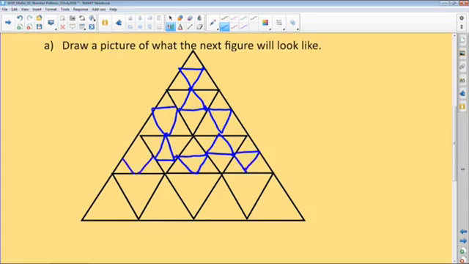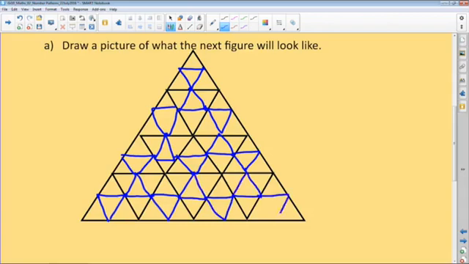You have obviously done this with a ruler, and yours probably looks a lot prettier than mine. And I encourage you to be as pretty as possible. I'm going to stop after I've drawn this last triangle so that I can count the number of triangles in this fourth figure. Okay, let's count it.